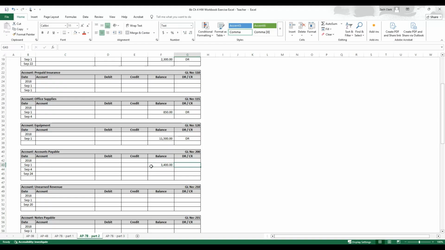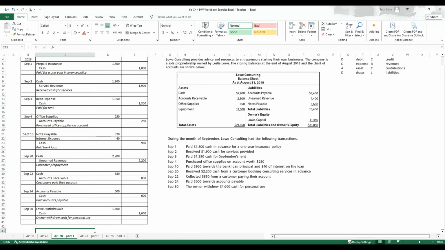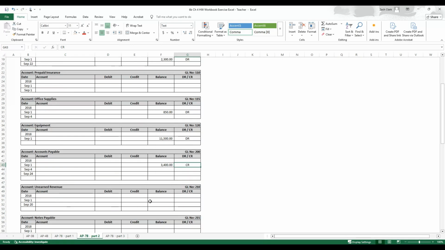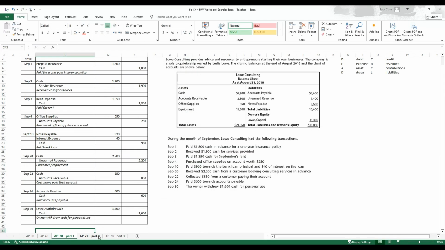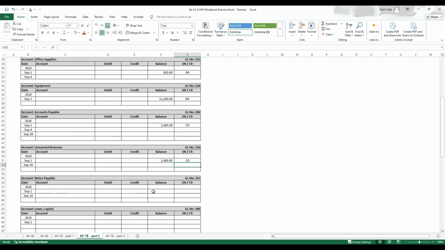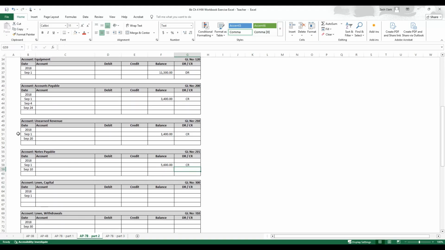And remember, the liabilities increase with a credit or have a credit normal balance, so CR for credit. $1,400 in unearned revenue. $5,600 in notes payable. Again, it's a liability, credit normal balance.